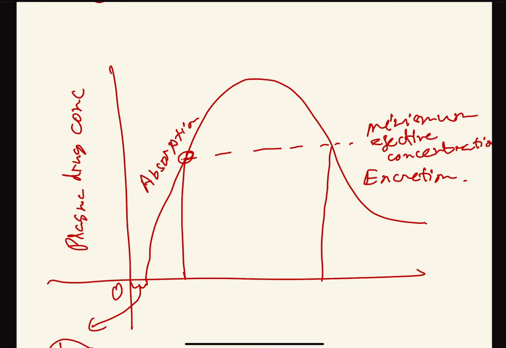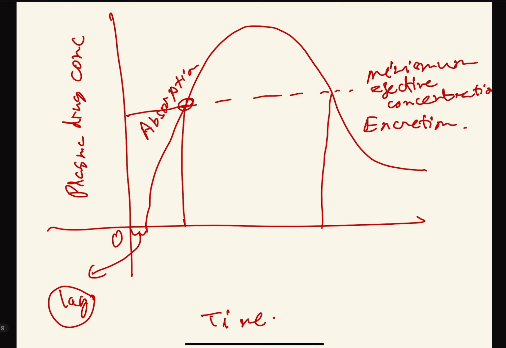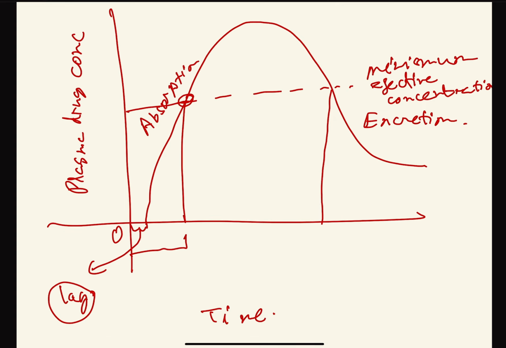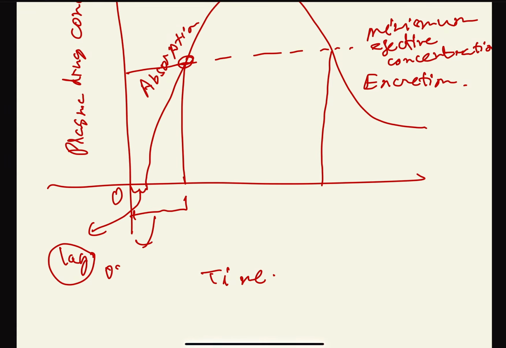If the drug reaches this level in the plasma, then the biological effect of the drug will start. The time to reach the minimum effective concentration is called the onset of activity.